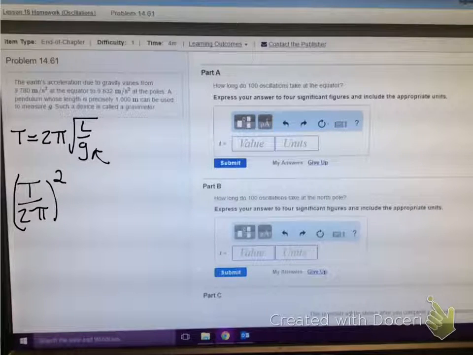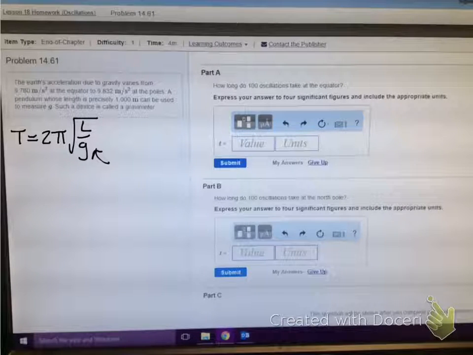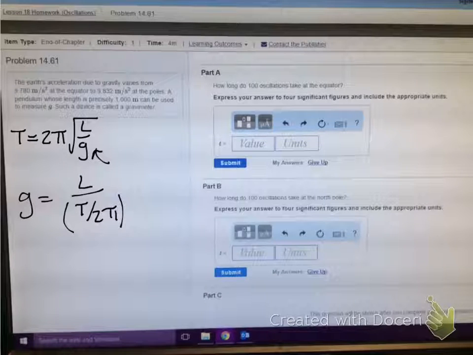Hold on, sorry, I'm jumping ahead of myself. G is going to equal L over T divided by 2 pi squared. All right, so that gives you part C.